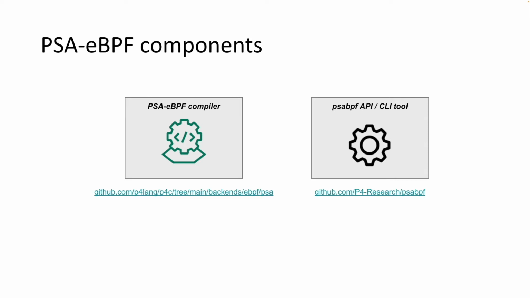Therefore, we come up with another component, which is the low-level PSA eBPF C API and the PSA eBPF CTL CLI tool that is built on top of the low-level library. This component hides the underlying complexity and provides an easy tool for P4 users to manage PSA eBPF programs. We'll introduce the PSA eBPF library in the Getting Started section later on.